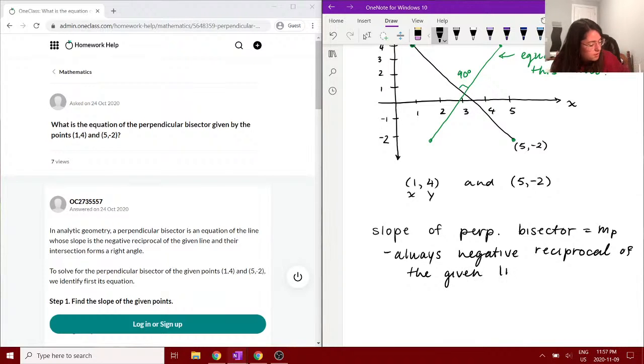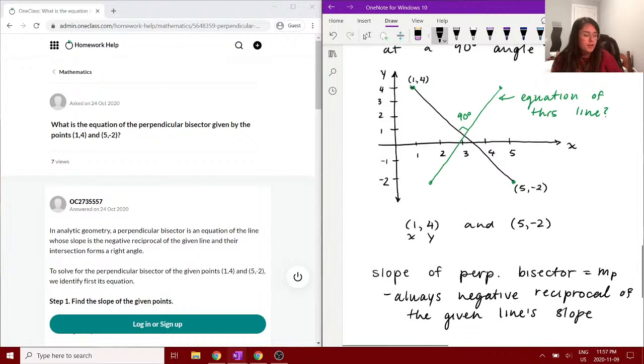The given line slope. So that means we have to find out what the slope of the given line is.